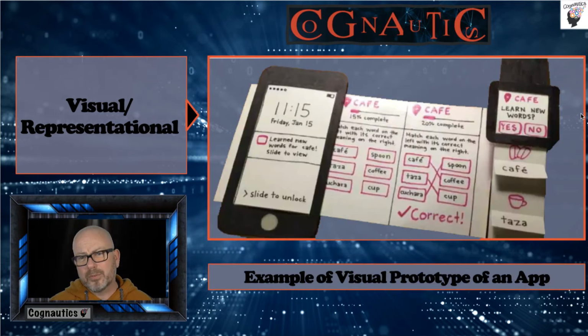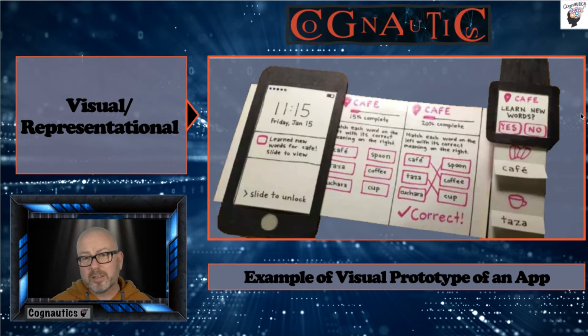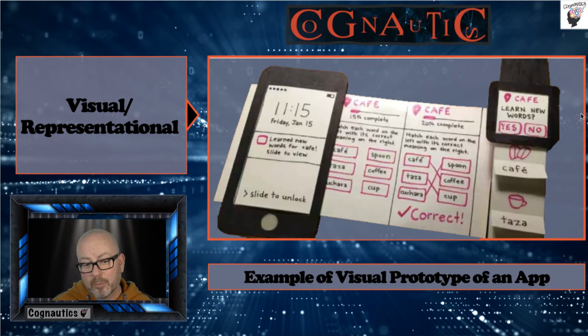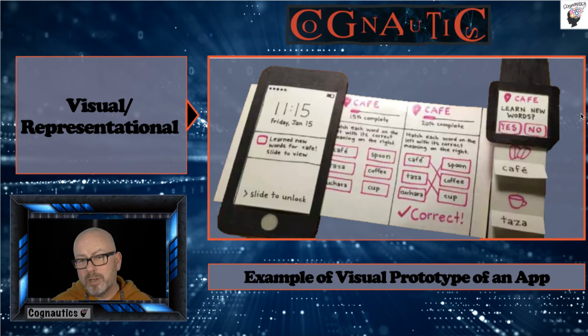Some examples. This is an example of an app which is to teach you English to Spanish, or Spanish to English, and you can see they've got a cardboard cutout of an iPhone there, and they put it over the top of the paper, so you get an indication of what the screen layout will actually look like, the final colour schemes, and it gives you a really good insight into whether at this stage the product that you're planning is actually going to work or not.